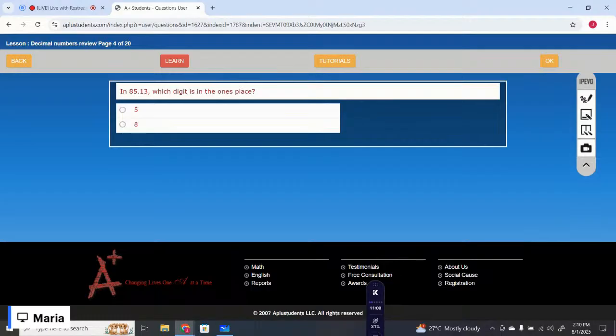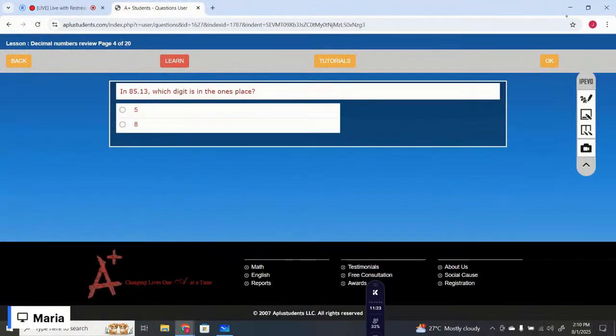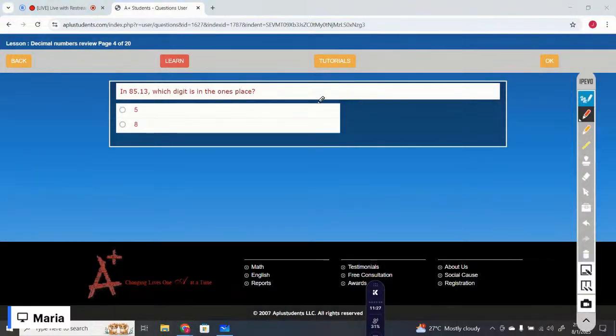In 85.13, which digit is at the ones place? So which is the correct option? 85.13. 5 is at the ones place, 8 is at the tens, 1 is at the tenths, and 3 is at the hundredths.